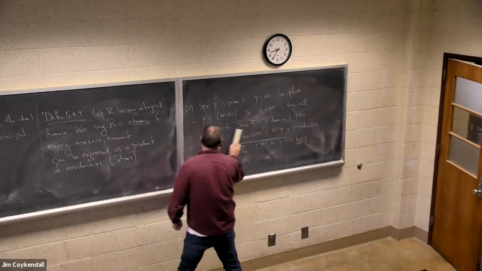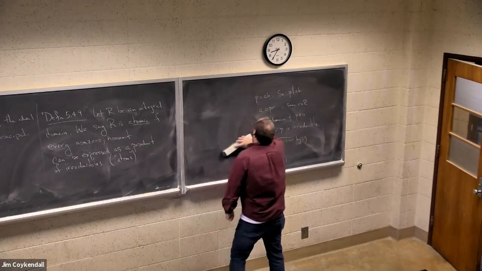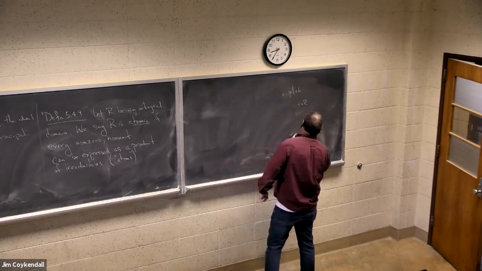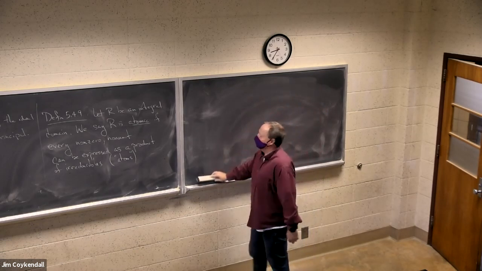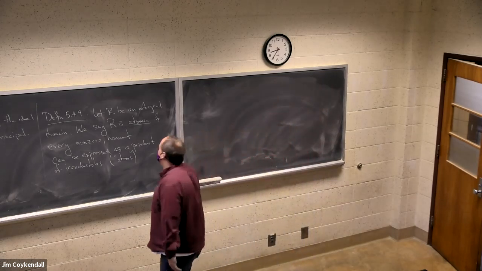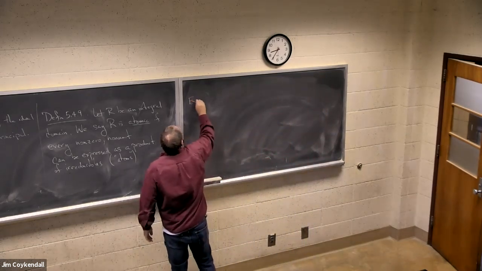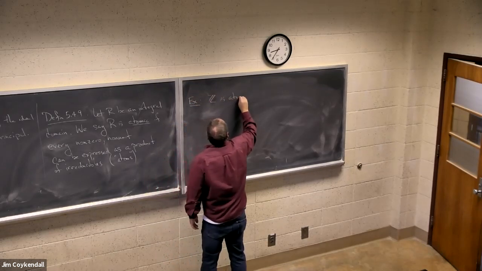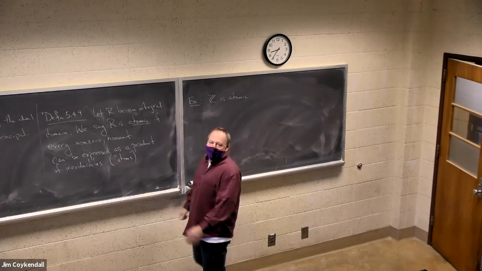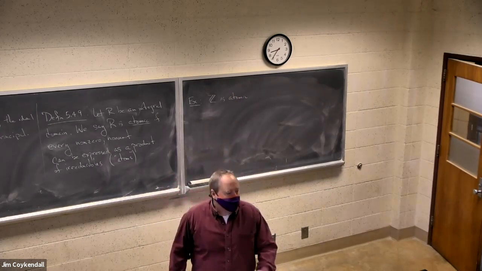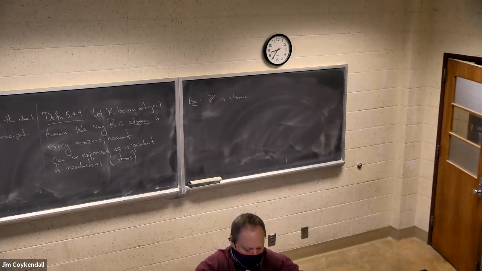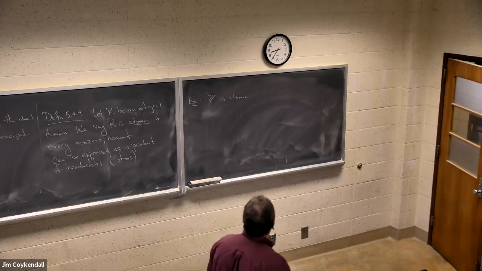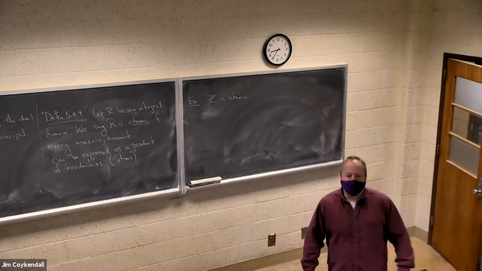Now, here is a question. Okay, Z is atomic, right? In fact, Z has the fundamental theorem of arithmetic. I can write everything as a product of primes. How can I prove that?